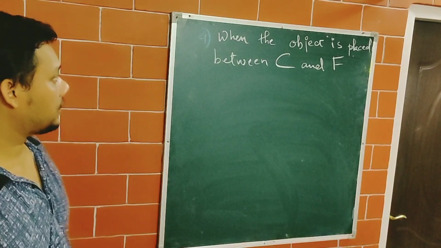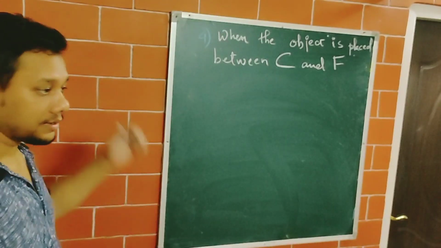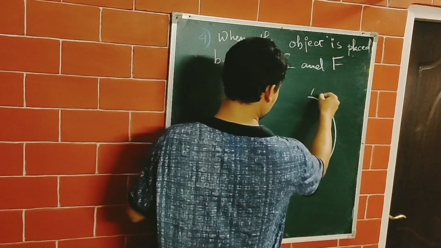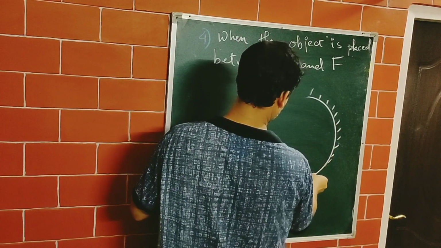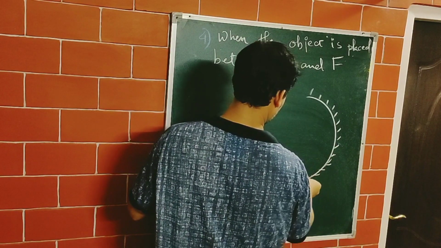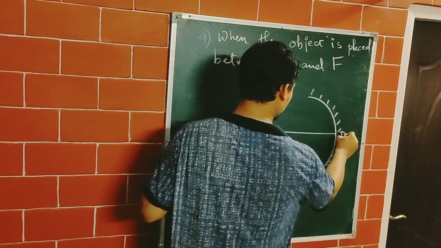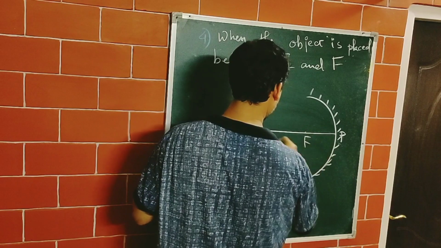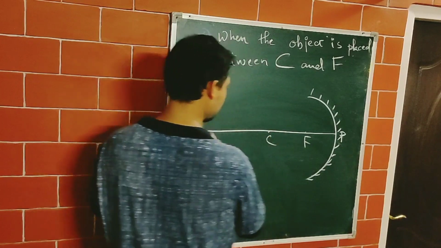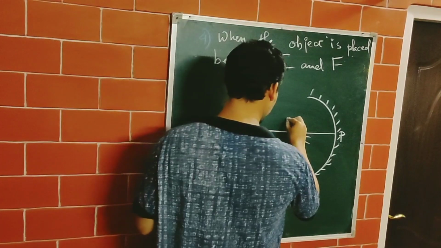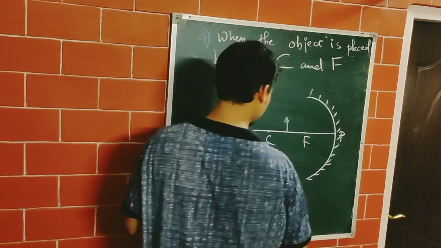When the object is placed between center of curvature and focus, this is the concave mirror, pole, focus, C, and the object is placed here.